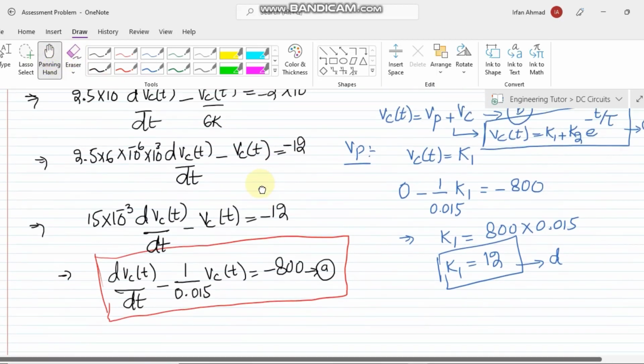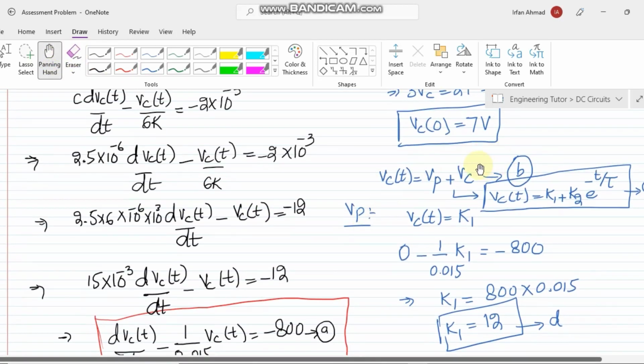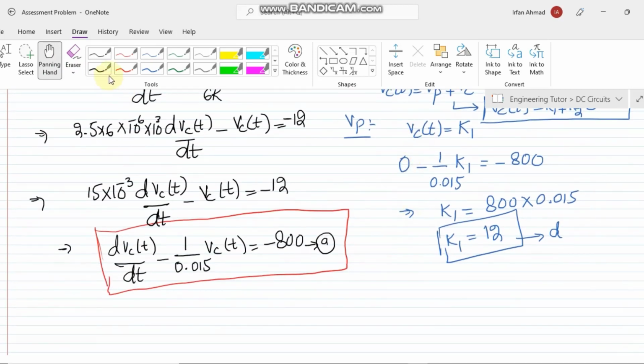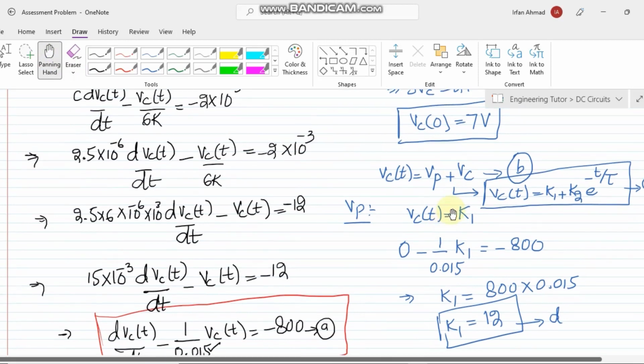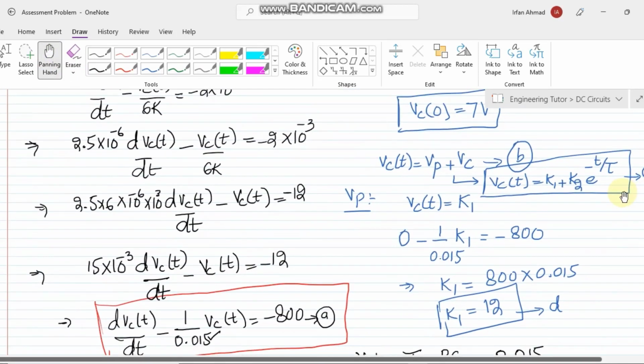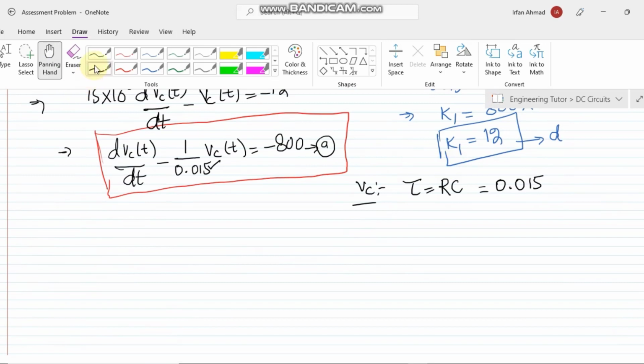Now in order to find the particular solution, what we have to do, we have to find the time constant here, which is tau, and again this is the RC circuit, so the time constant here is RC, and we have already seen that the time constant is 0.015, and similarly writing this value in our equation, which is equation C, what I will get here.